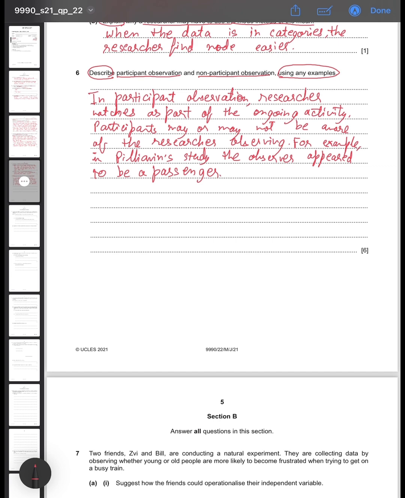Now for non-participant observation, you can write in non-participant observation, the observer is not involved in the situation being studied.